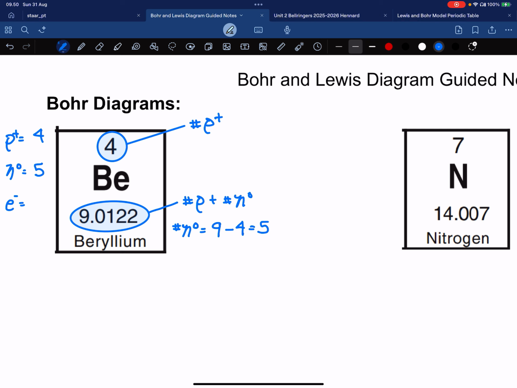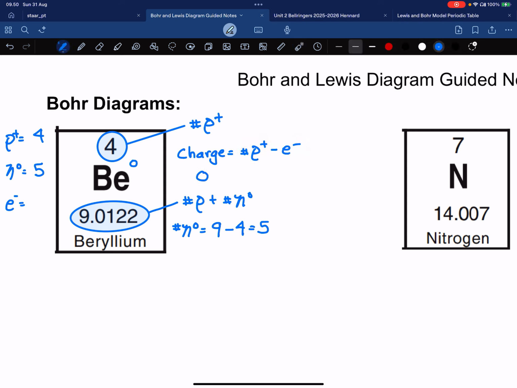Every element on the periodic table, unless you know differently, has a charge of 0. Charge, if you recall, is equal to the number of protons minus the number of electrons, because protons are positive, electrons are negative.